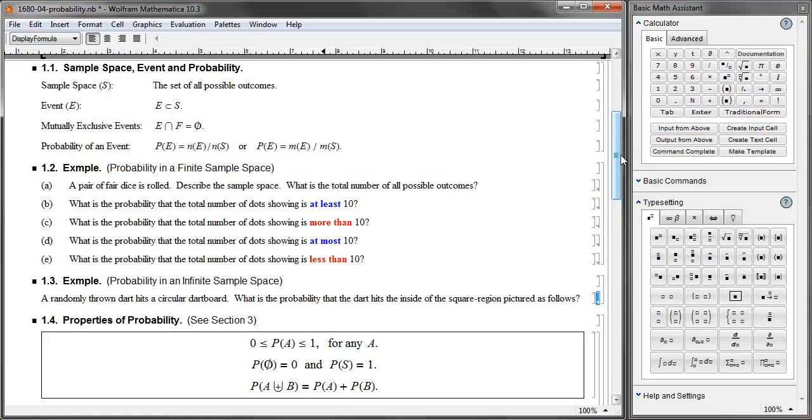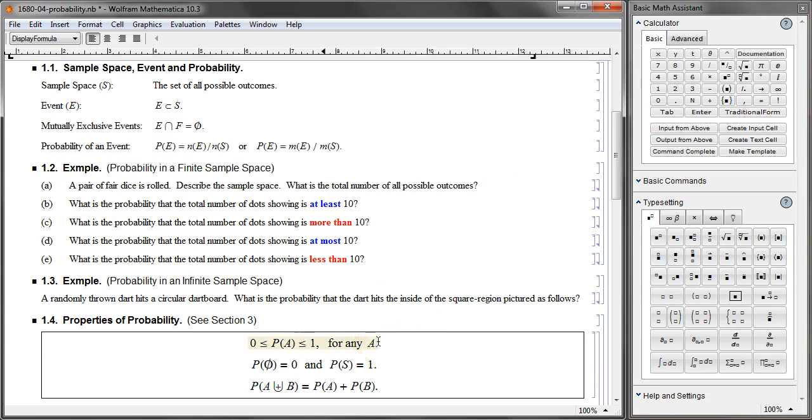Okay, we went through a couple of examples, and now let's consider some properties of probabilities. These are 3 fundamental properties of probability, especially when my sample space S is a finite space.